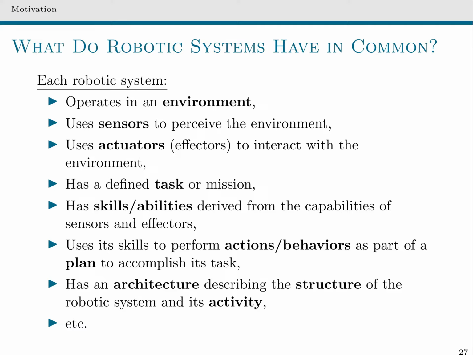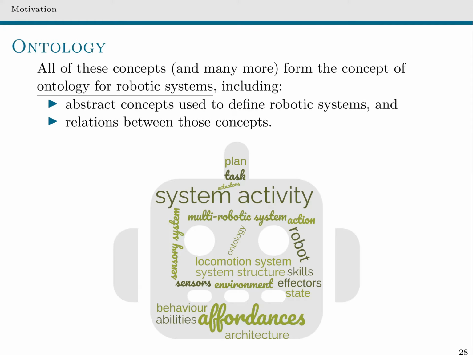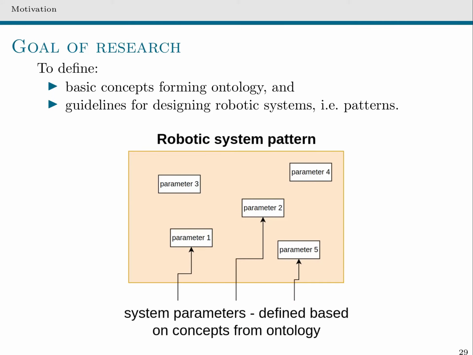Each robotic system also has an architecture which describes both the structure and the activity of the robotic system. And all of those concepts, not all of them, because there are many more, in fact form the concept of ontology for robotic systems. So ontology defines the abstract concepts used to define a robotic system and the relationships between those concepts.